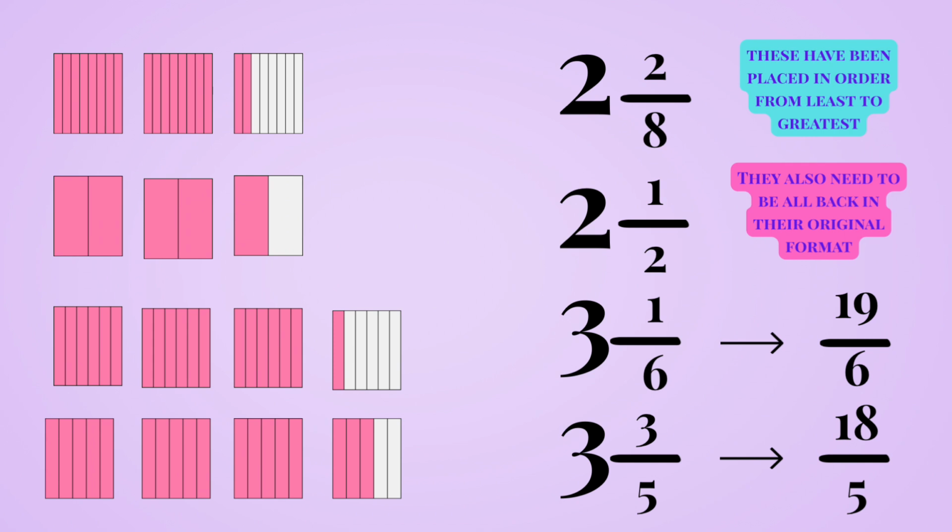There's one more important step. Remember that 2 of our numbers were originally in improper fraction form, and we converted them to make comparison easier. Now we need to put them back in their original format. The number 3 1/6 was originally 19/6, and the number 3 3/5 was originally 18/5.